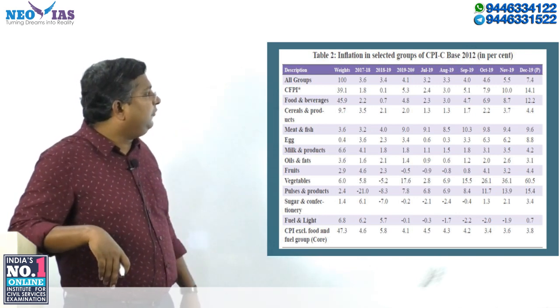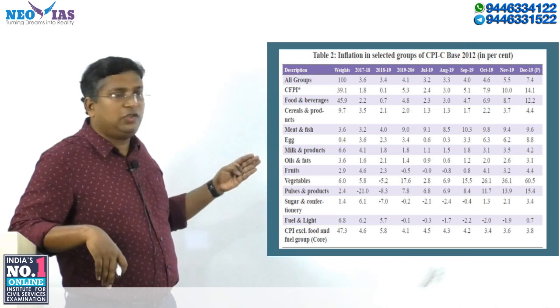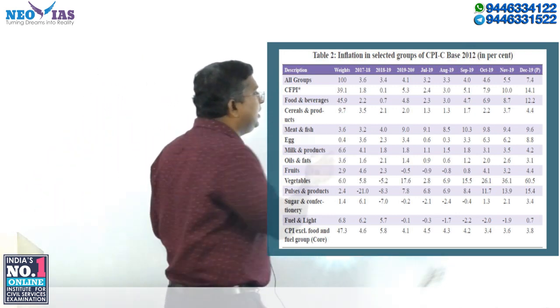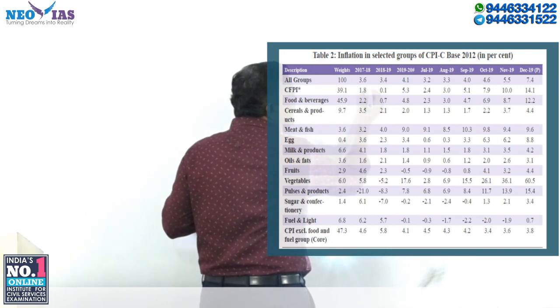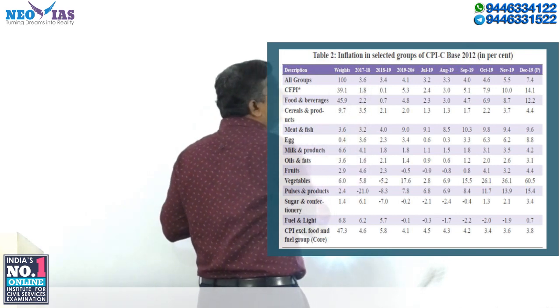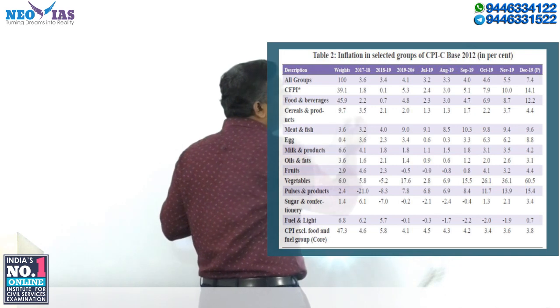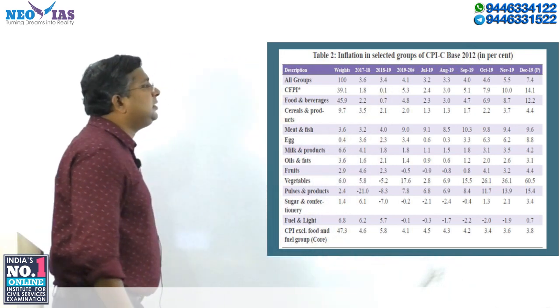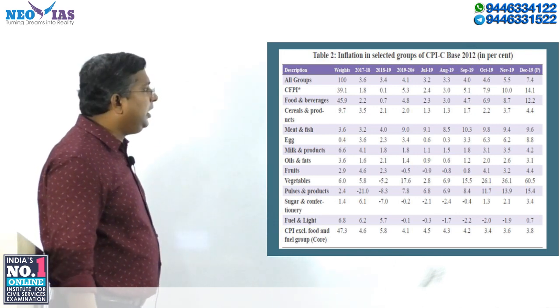If you look into the food inflation, which is measured through the consumer food price index, you can see that in the financial year 2017-18 it was 1.80. In 18-19, food inflation was at 0.1%.